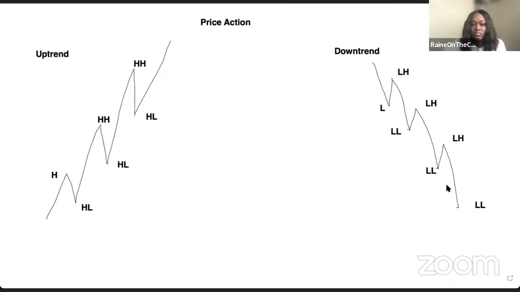Now, price can be trending up, it can be trending down, but what's another direction that price can be going in? Can anybody tell me? Sideways, consolidation. Yes, exactly, Miss Haley. So when it's not breaking the high or breaking the low, it's just consolidating.